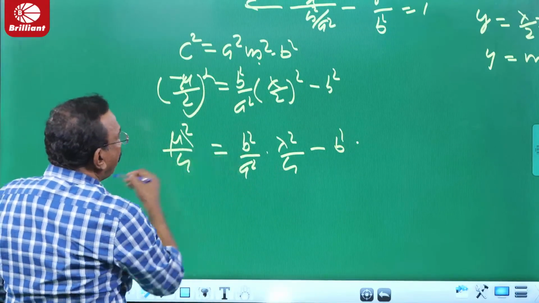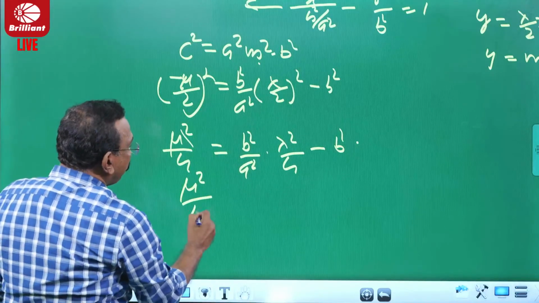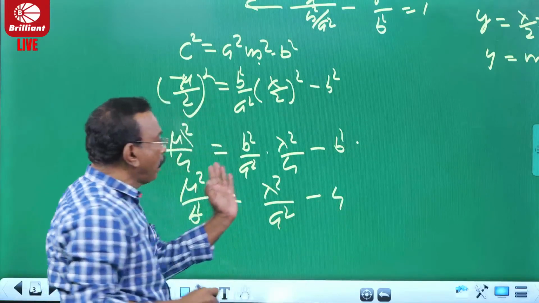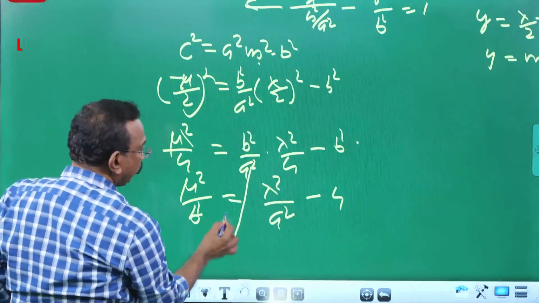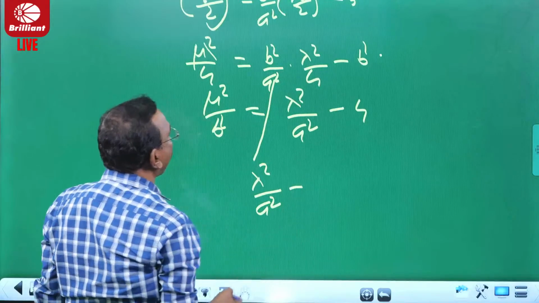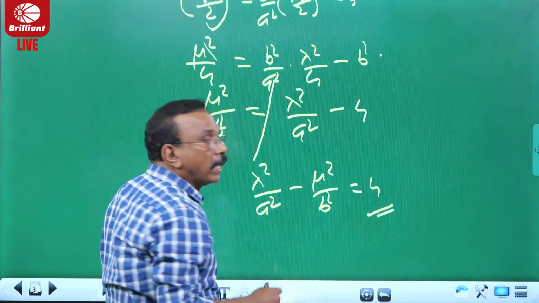Multiplying by 4 and dividing by b square, it becomes mu square by b square is equal to lambda square a square by b square minus 4. So we can rearrange: lambda square a square minus mu square by b square is equal to 4. So the required answer is 4 here.